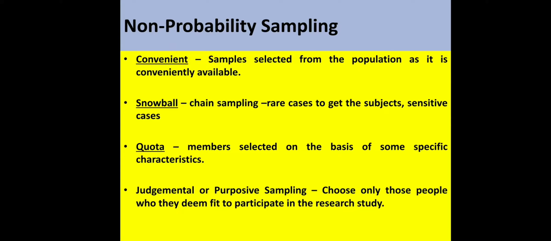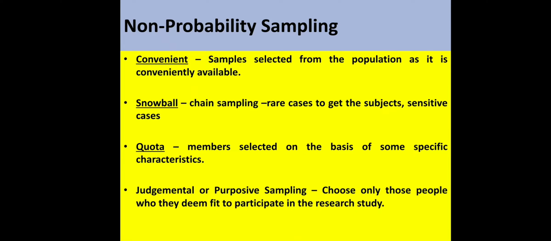Coming to judgmental or purposive sampling. As a researcher, you choose only those people whom you think are suitable for your current, on-hand research work.